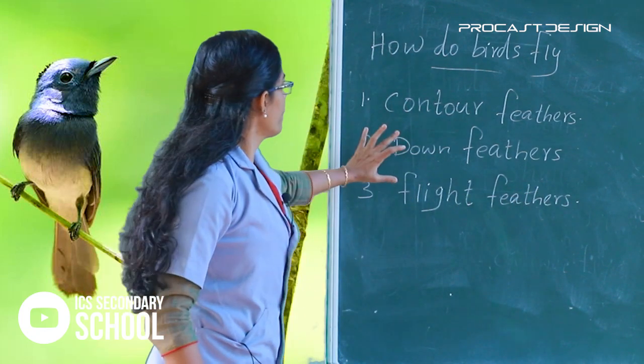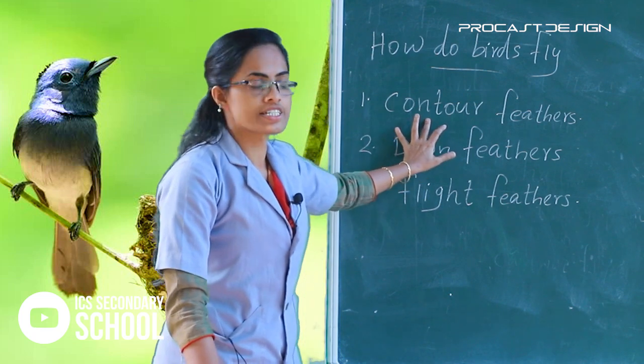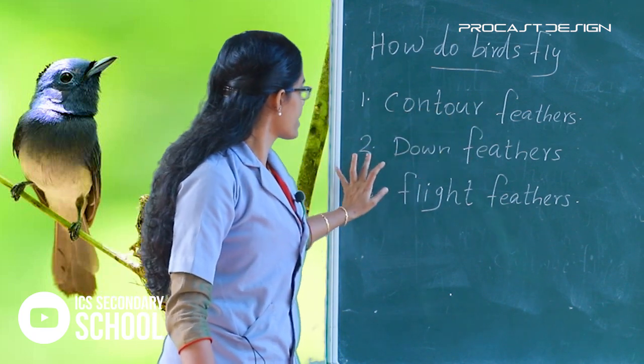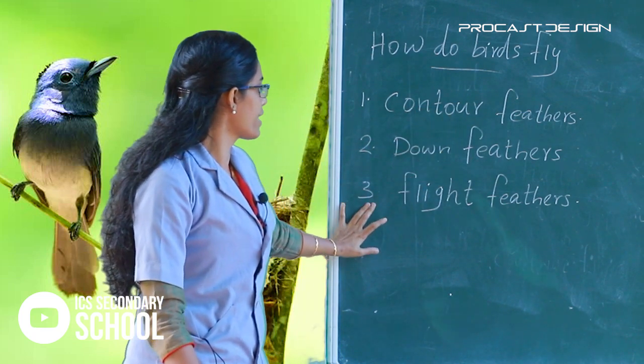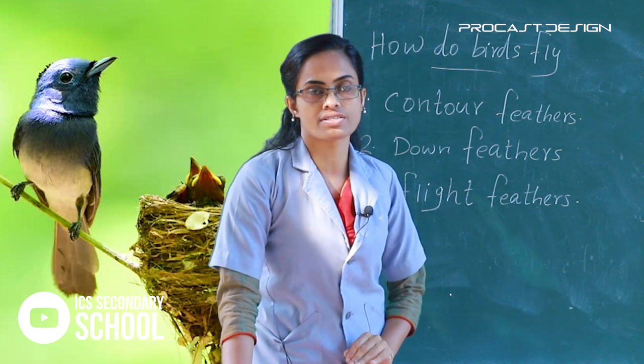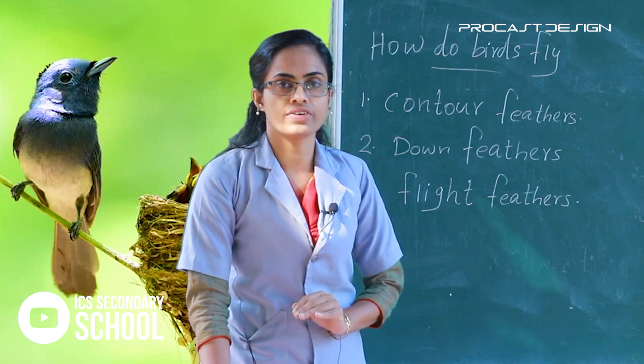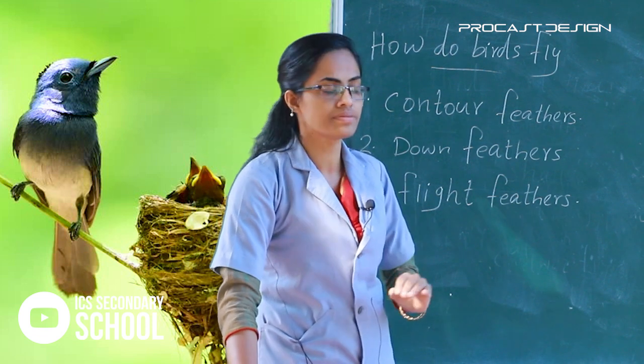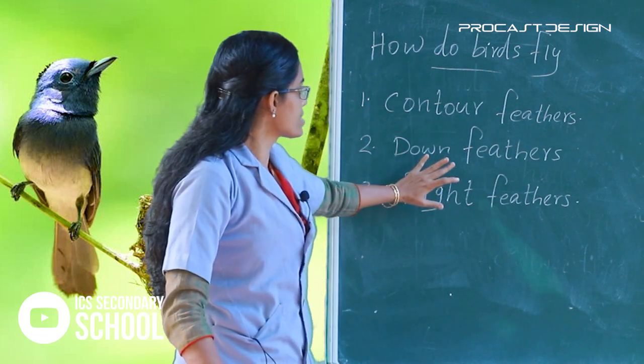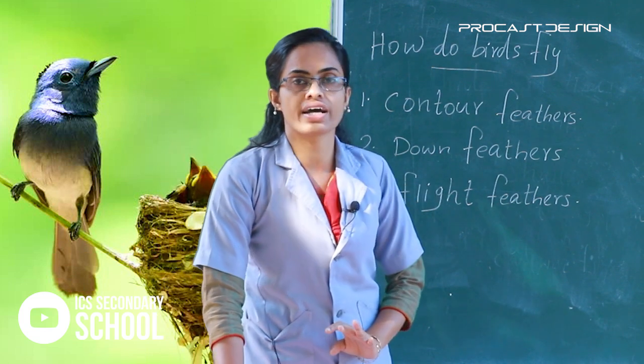The three types of feathers. The first one contour feathers, the second one down feathers, and the third one flight feathers. All of you understand? Clear?